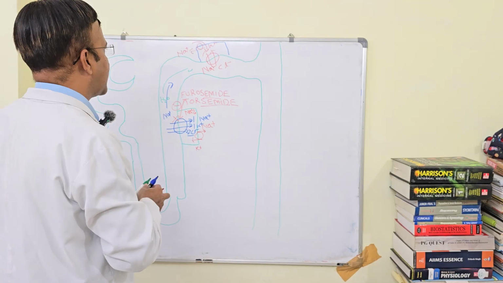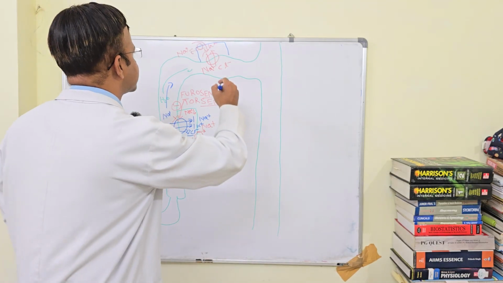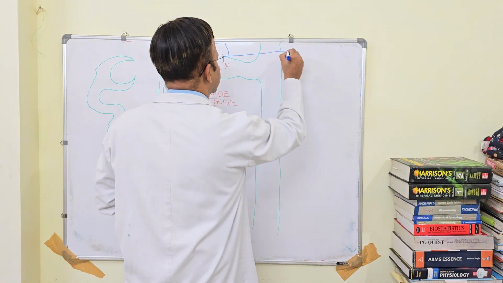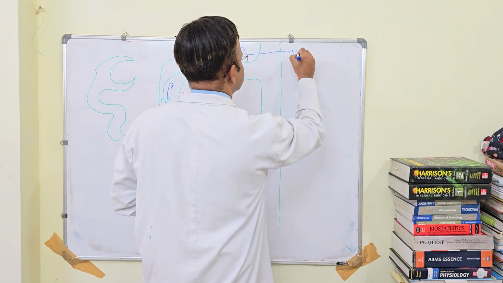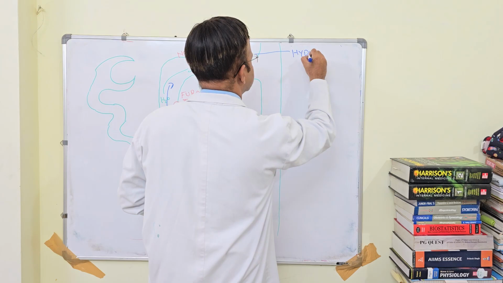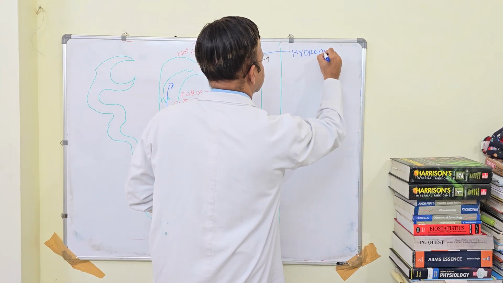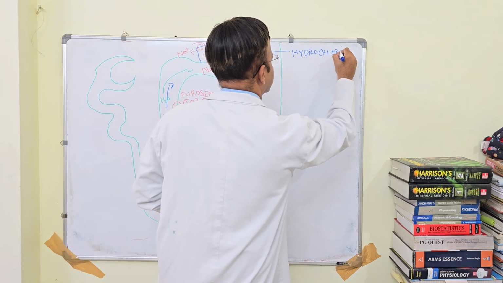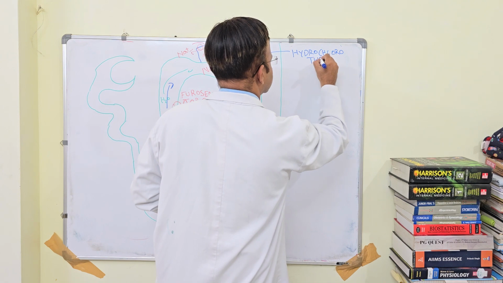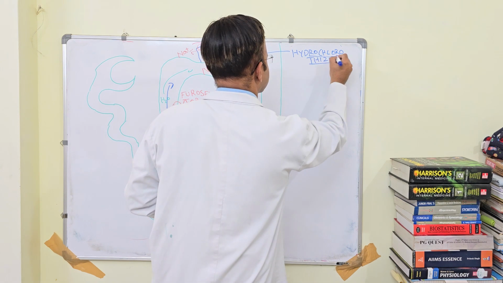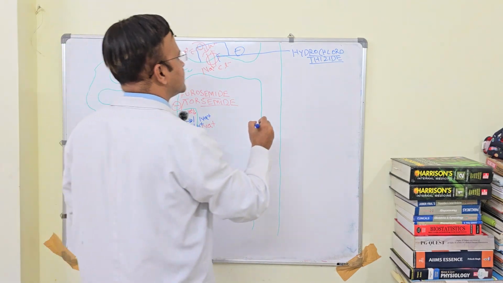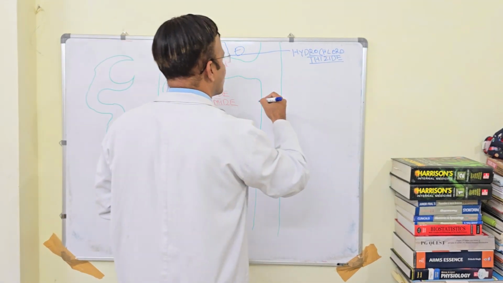Most famous of which is hydrochlorothiazide. Other drugs are thiazide-like diuretics like chlorthalidone.